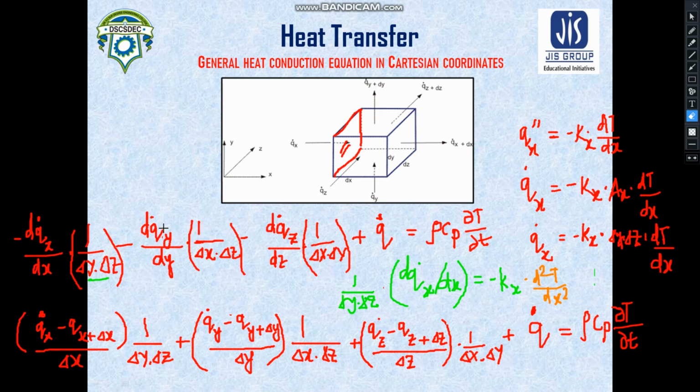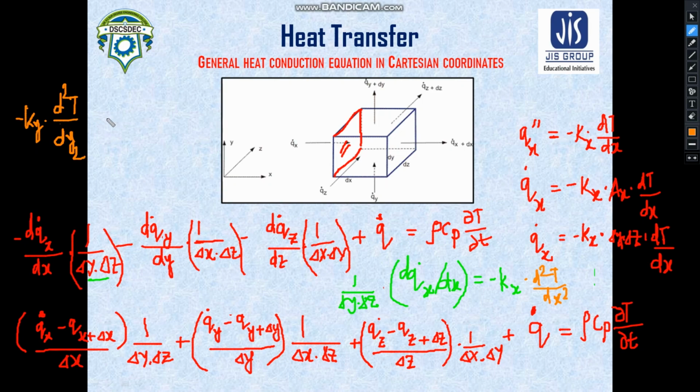Similarly, we can get the same equation for this term also, and for this term also. So if we are interested to find out these changes, then for the terms which have the y suffix, it will be d2T/dy2, right? Because we are discussing the terms which have the suffix y. That means we are discussing the heat transfer which is going along the y direction.